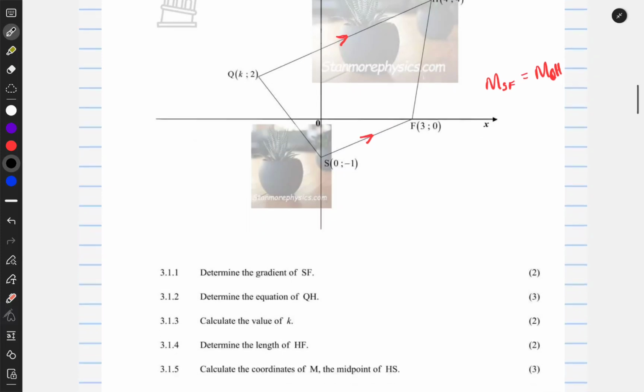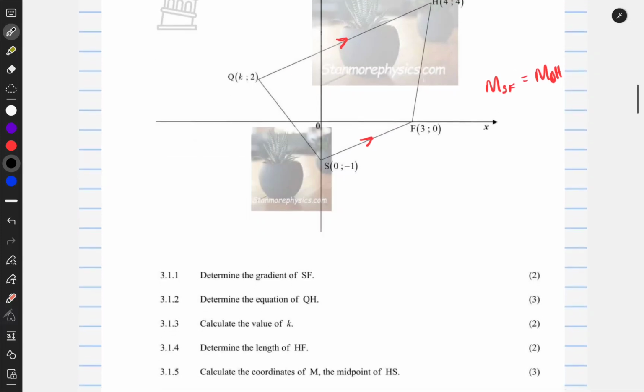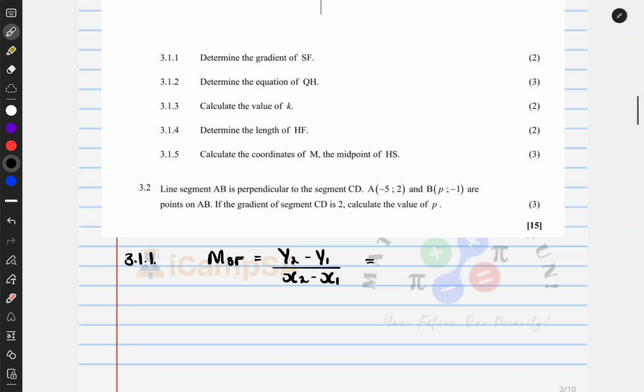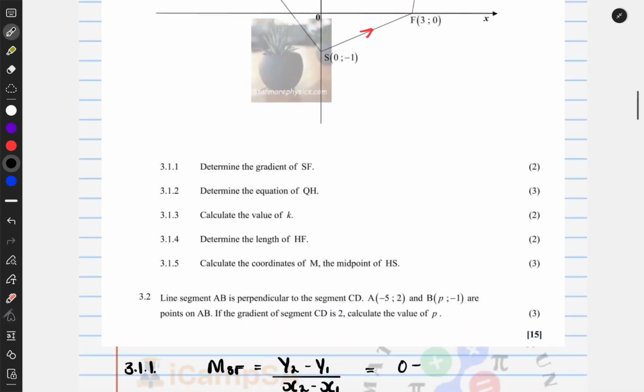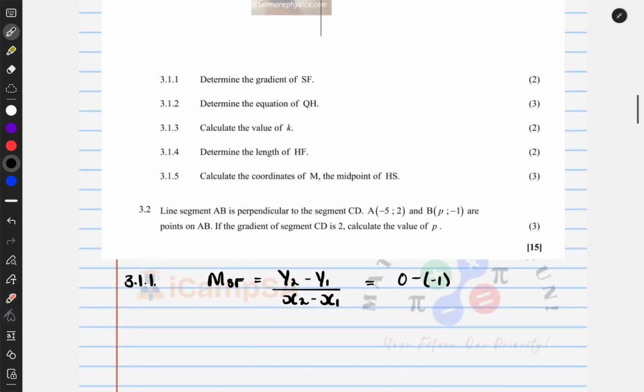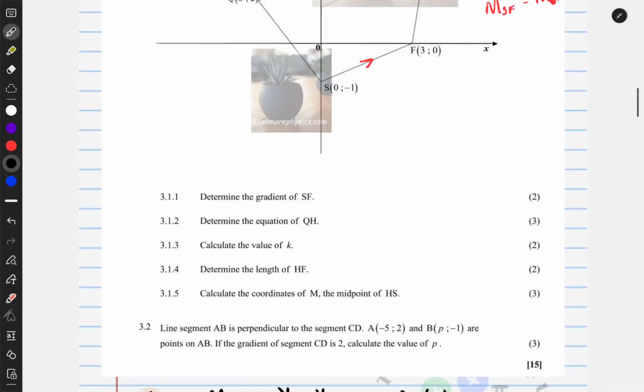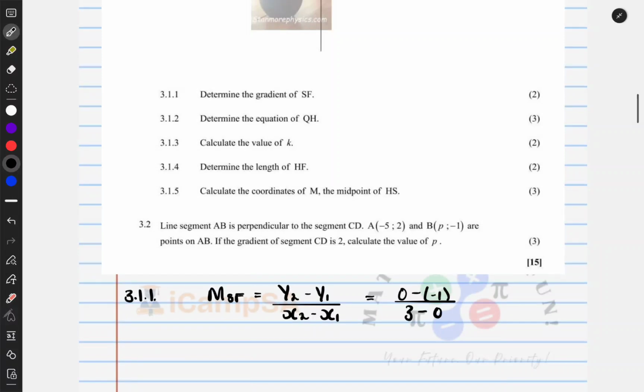For coordinate F we have (3; 0), and for coordinate S we have (0; -1). So for y2, let's take F, which is 0 minus -1, over the x coordinates, 3 minus 0. Negative times negative is positive 1, so it's going to be 1 over 3.